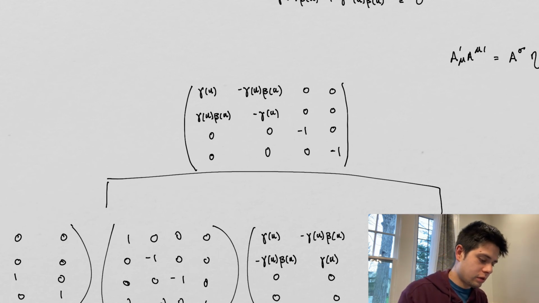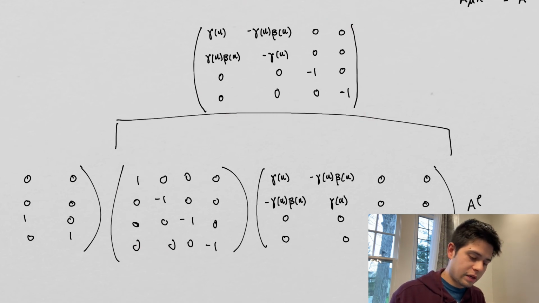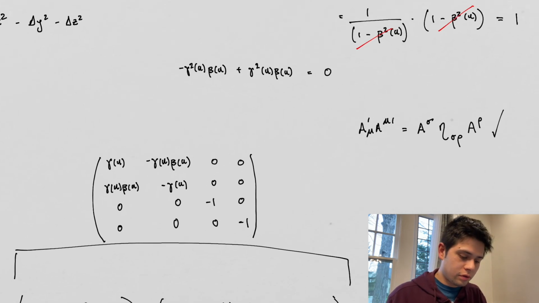But what you'll be able to see here now is that when we multiply these two vectors together, we get this, okay?